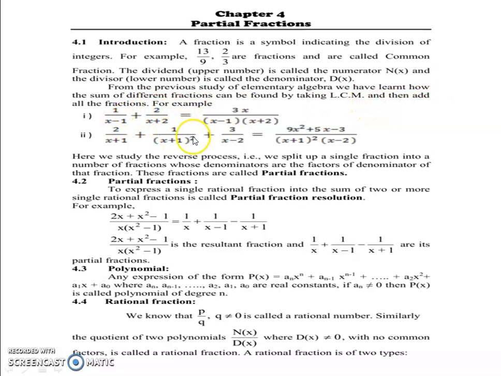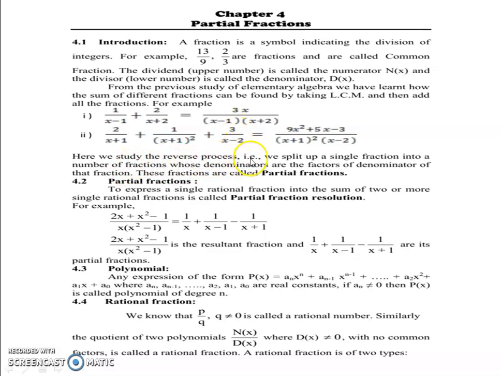For example, we simplify 3x upon (x minus 1)(x plus 2) as 1 upon x minus 1 plus 2 upon x plus 2, and 9x square plus 5x minus 3 upon (x plus 1) whole square into (x minus 2) as 2 upon x plus 1 plus 1 upon (x plus 1) square plus 3 upon x minus 2.